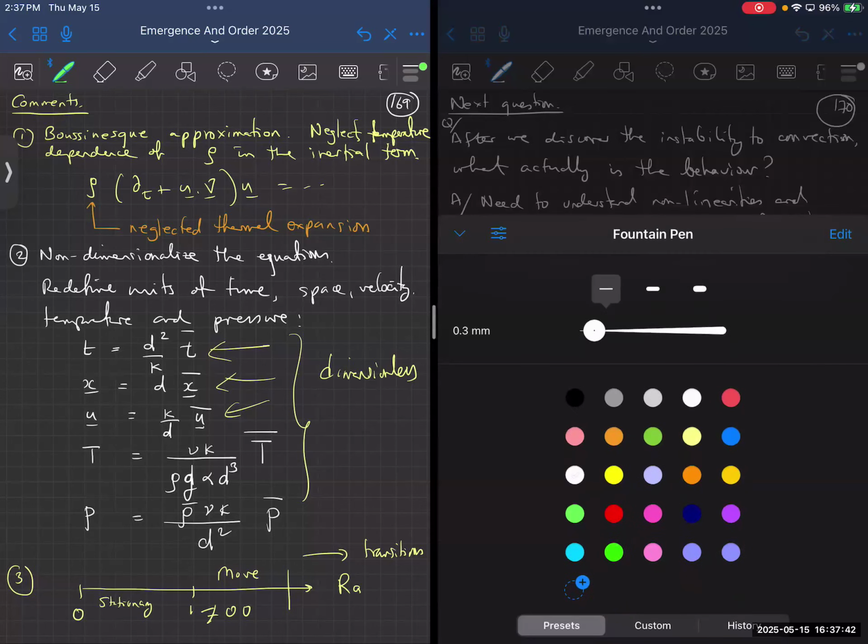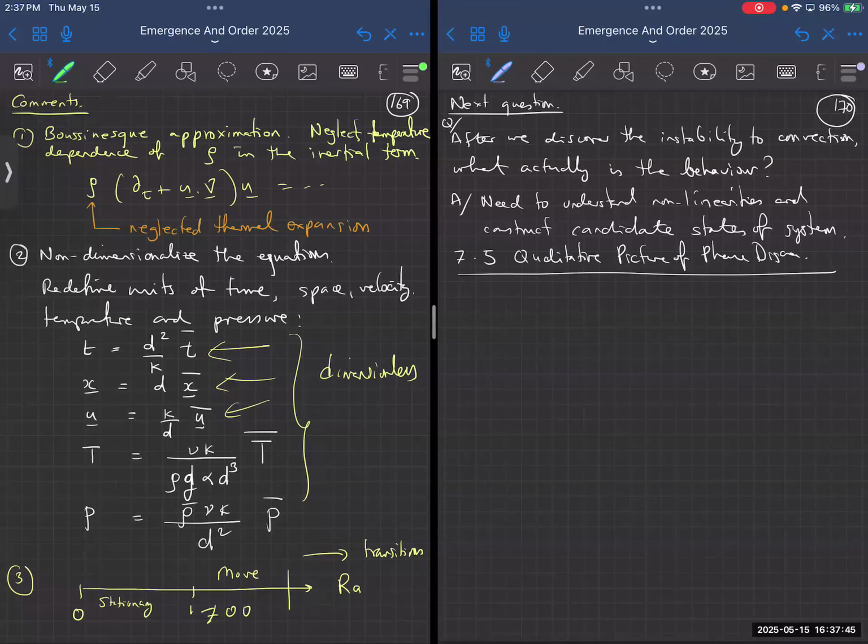So what is the basic idea? We're going to talk about a thing called the neutral stability curve. So what we're going to say is this. I look at the real part of the dispersion relation, omega of Q, but omega of Q also depends on the Rayleigh number.